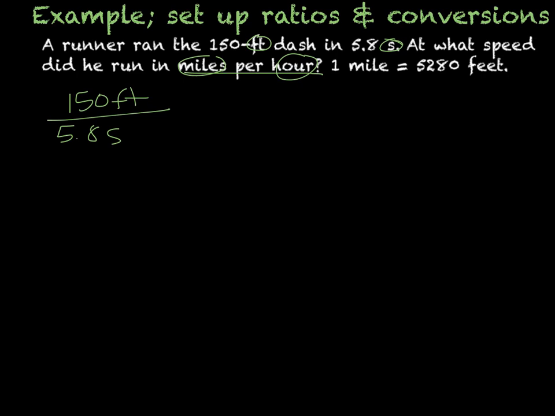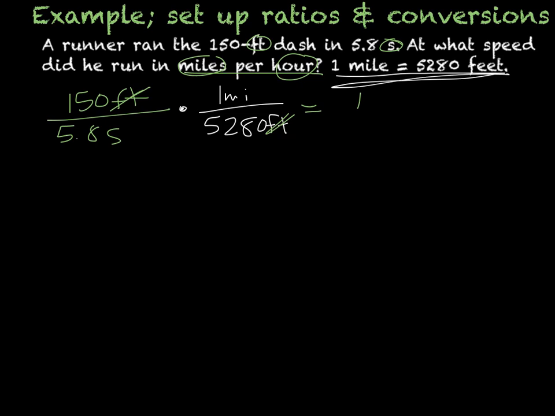So the conversion for miles and feet is 1 mile is 5,280 feet. So I'm going to multiply by 1 mile over 5,280 feet. And then my feet can cancel out, leaving me with 150 miles over 5.8 times 5,280 seconds.